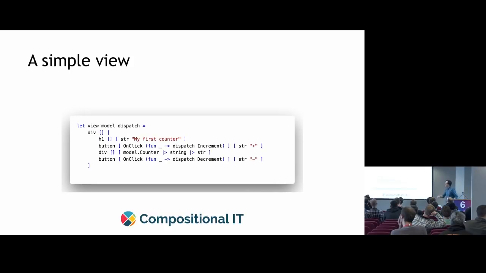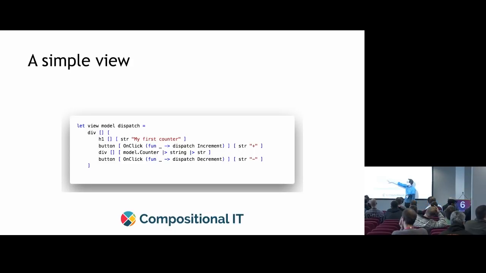We then have a view. A view takes in 2 things: a model, which is the counter state that I mentioned previously, and this dispatch function. This dispatch function is how we can push new events into the render loop. So I'm going to use this F# view helper library here, which is using React under the hood.